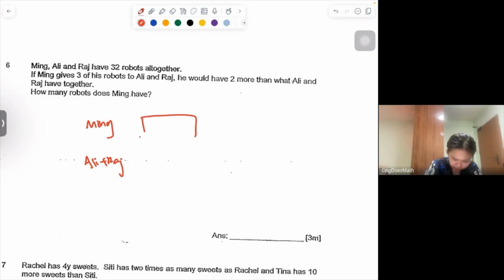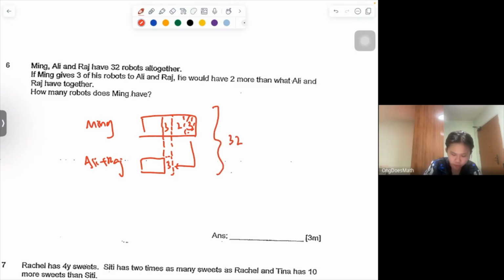So if Ming were to give 3 of what he has to Ali and Raj, Ming will still have 2 more than them, right? So 2 belongs here. So I also can trace these 3 out here. And in total, they have 32 robots altogether.